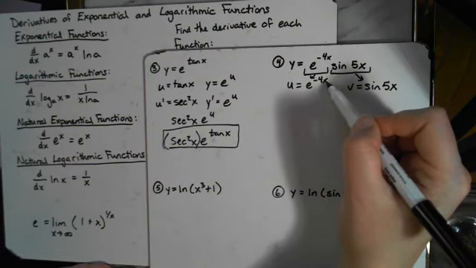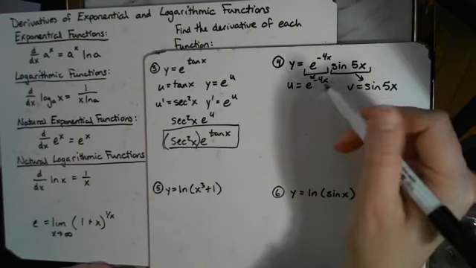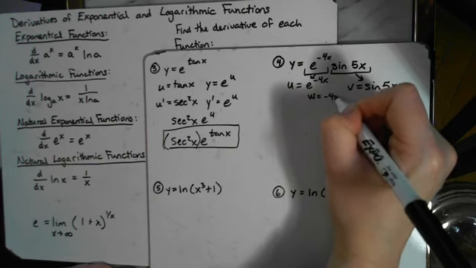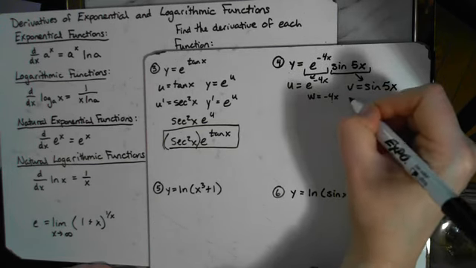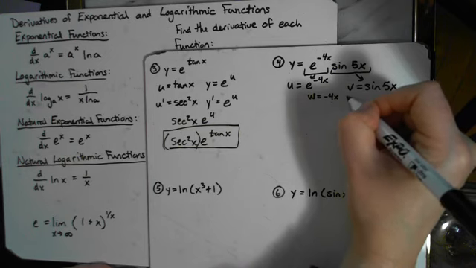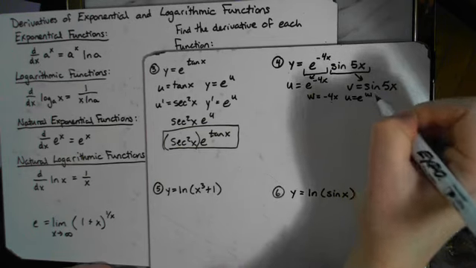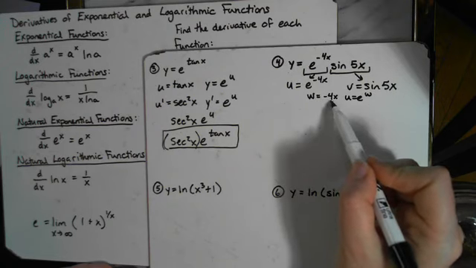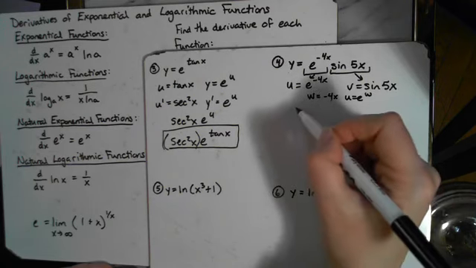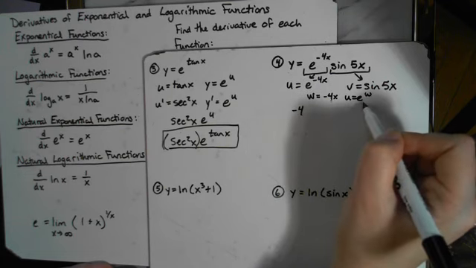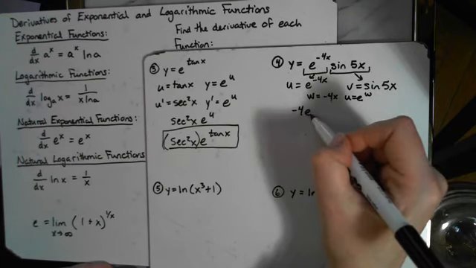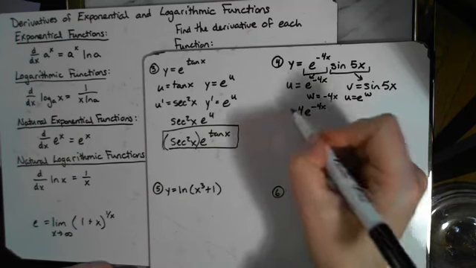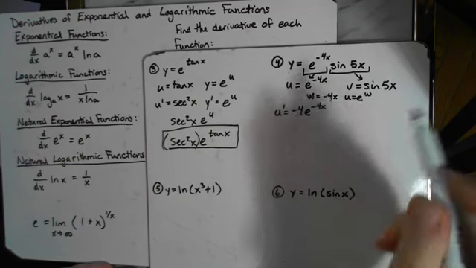Now, when I find the derivatives, I'm going to use the chain rule here. So I'm going to make w equals negative 4x, and I'll leave u as e to the w power. When I do this derivative, this has a derivative of negative 4, so it's negative 4. The derivative of this is e to the w power, and the w is negative 4x. So that's the derivative of my u.